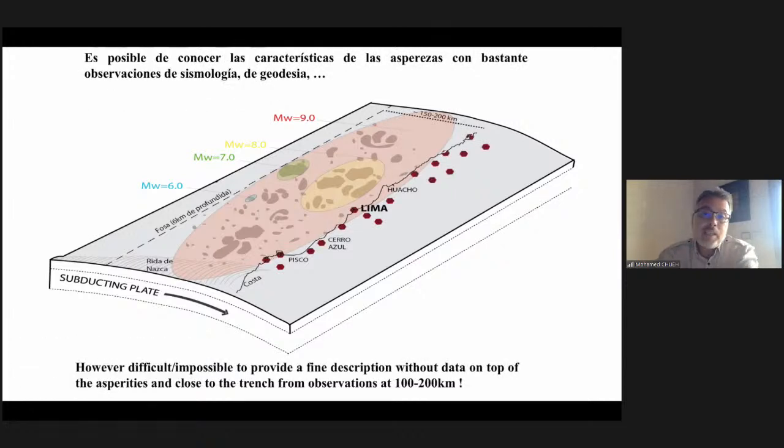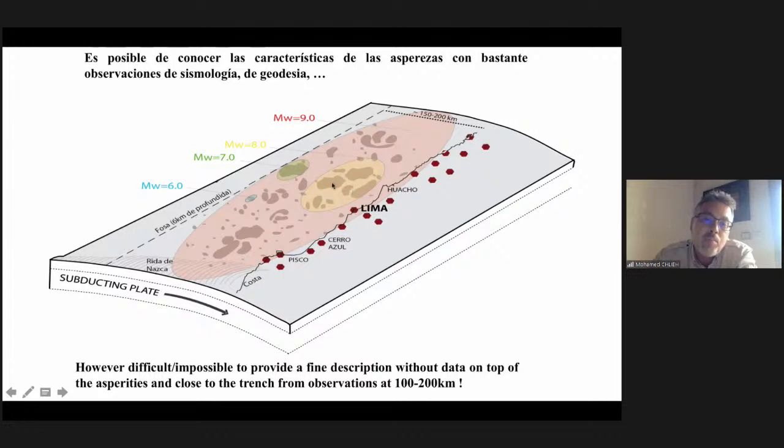When we are inland and deploy instruments located 100 or 200 kilometers from the trench, I think we are dreamers if we think that we will resolve very clearly the small details near the trench.